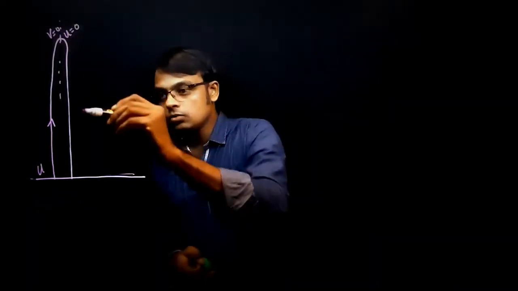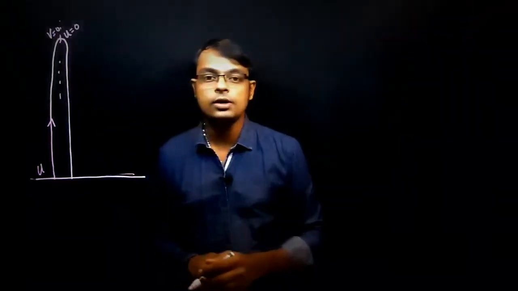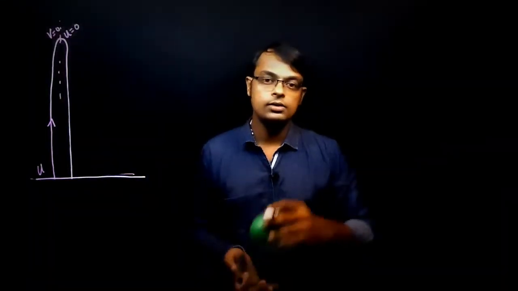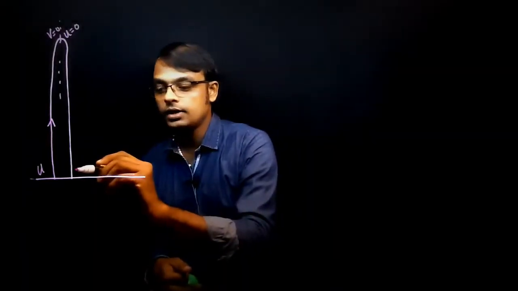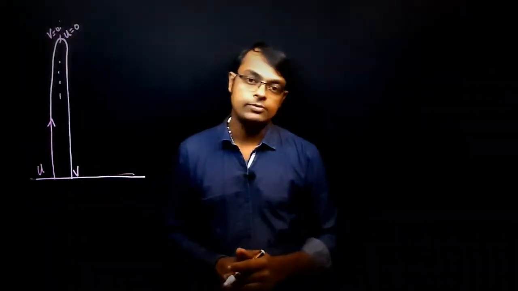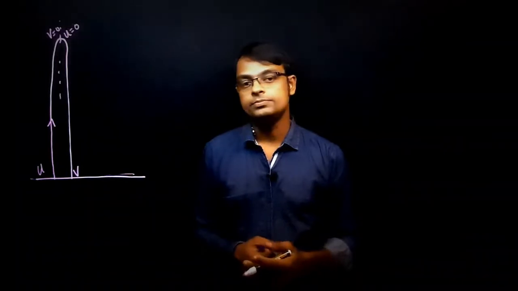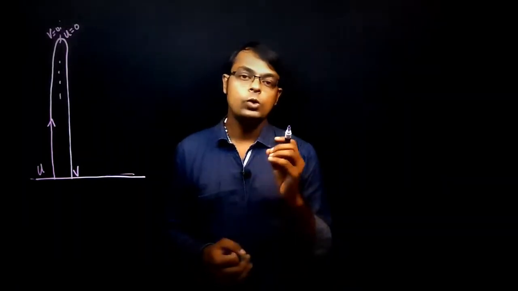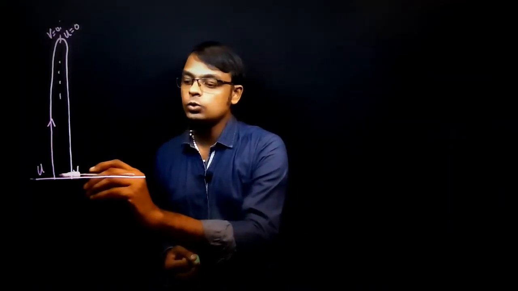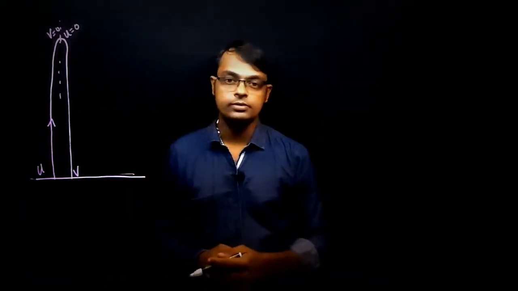When it is coming downward and just before hitting the ground, what will happen to the velocity? You see this one? The velocity will be maximum. So we write it as what? Final velocity v. So what is the first equation we require here? What is the time taken to reach the highest point?